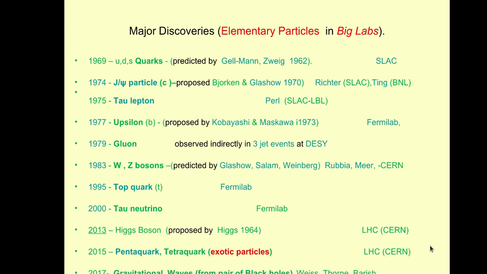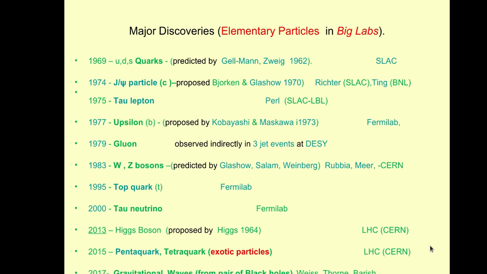And then the top quark, which people were always looking forward to at that time, really took a very long time. Finally, in proton and antiproton collision experiments at Fermilab, United States of America, the top quark was observed, and it is really very heavy. Then around 2000, Fermilab also established the neutrino partner of the tau lepton.